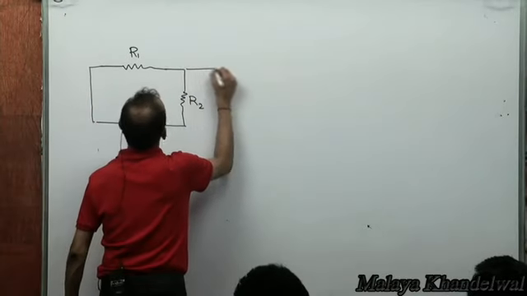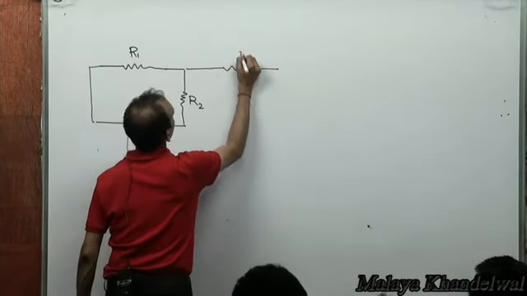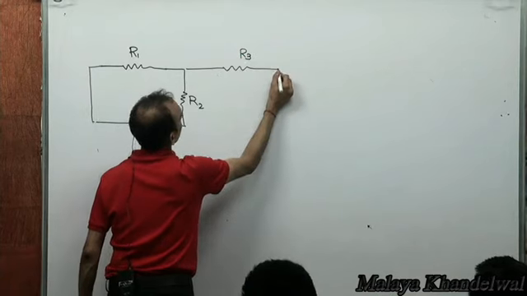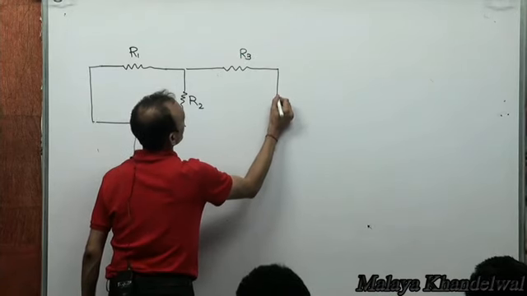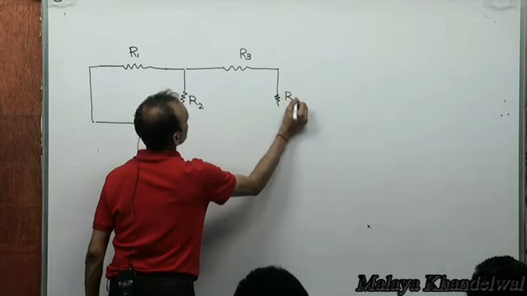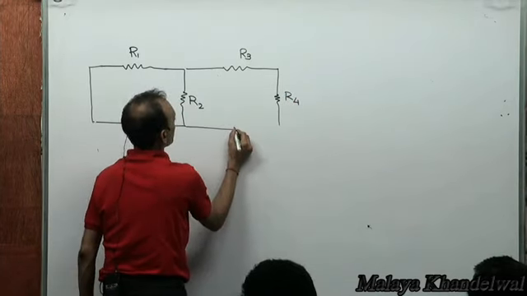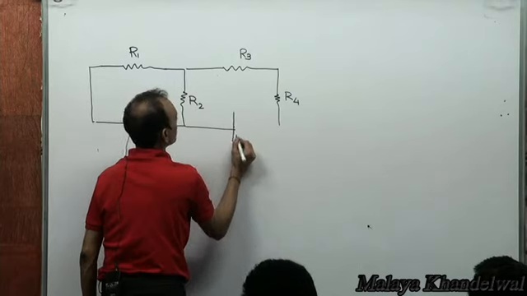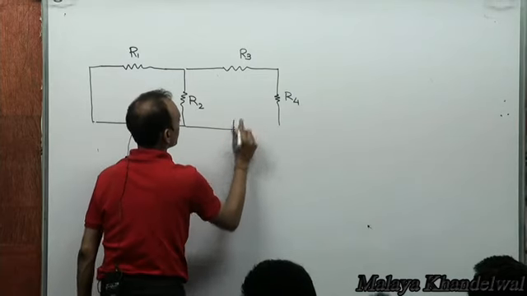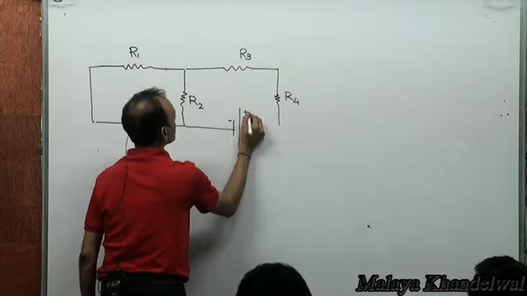This loop is coupled with another loop, say this is resistance R3, there is resistance R4, and say there is a battery of EMF, say like this, epsilon 2.